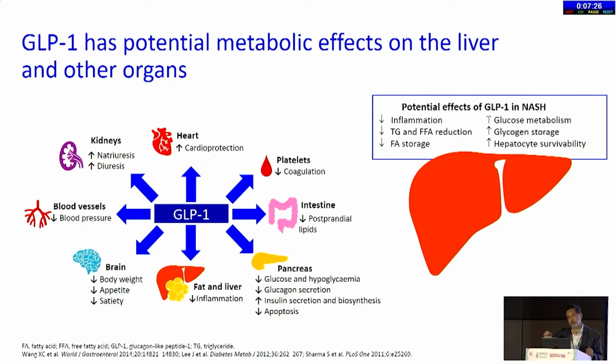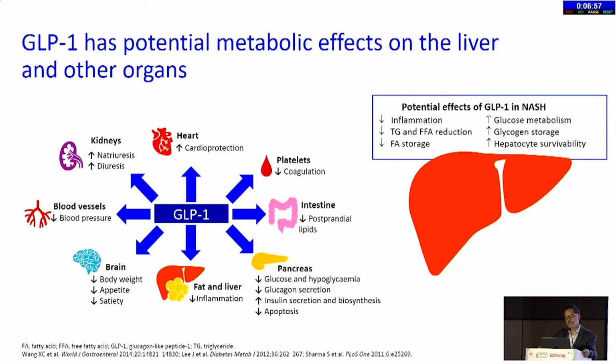From a vascular perspective, it has been shown to reduce strokes. From a renal perspective, it reduces the slope of decline of GFR in people who have metabolic syndrome. From a gut perspective, it reduces postprandial lipidemia. From a pancreas perspective, as I mentioned, it's an incretin, releasing insulin.